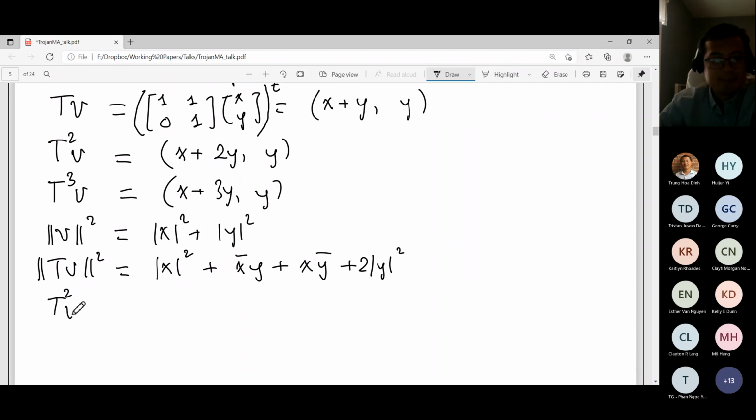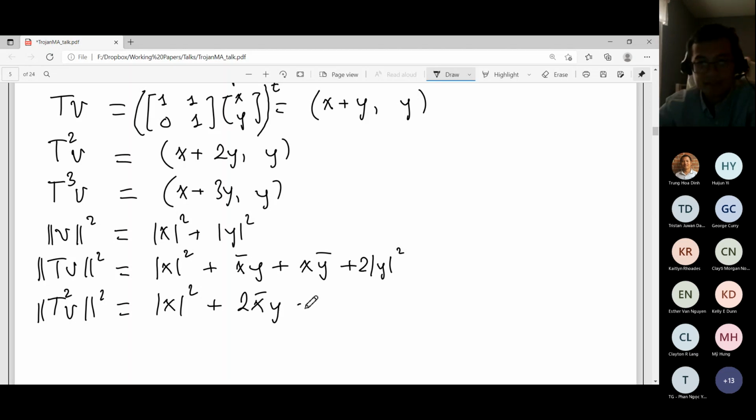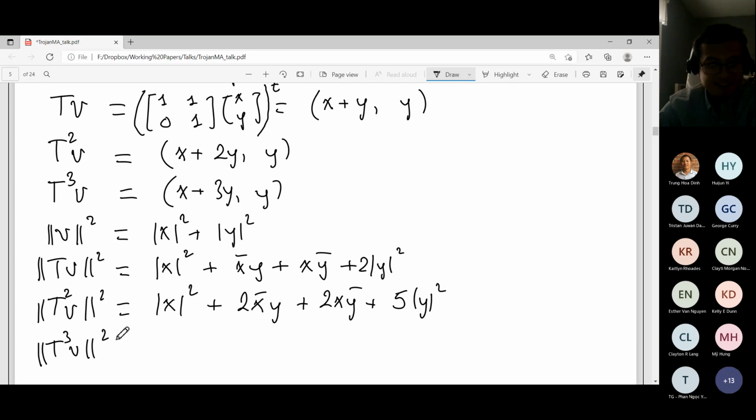Similarly, if we compute the length of T squared V, I'll just write it out here for you. I have calculated it in my notes. It looks like this: x y bar plus 5 absolute value of y squared. And one more time. So please bear with me for this tedious calculation.